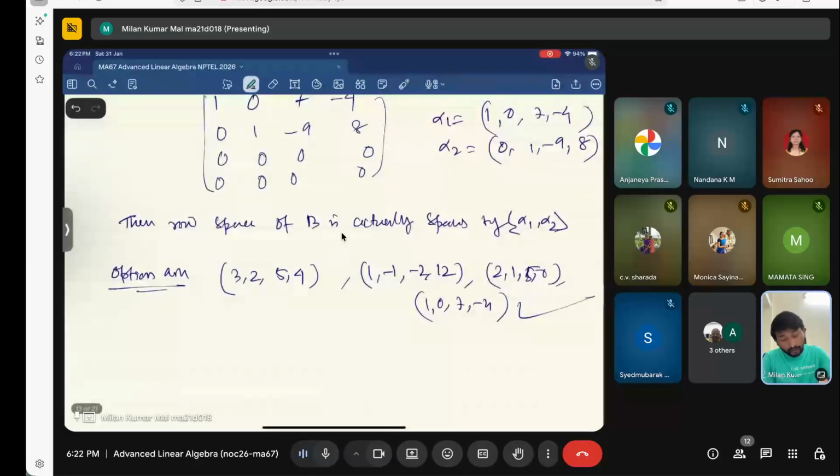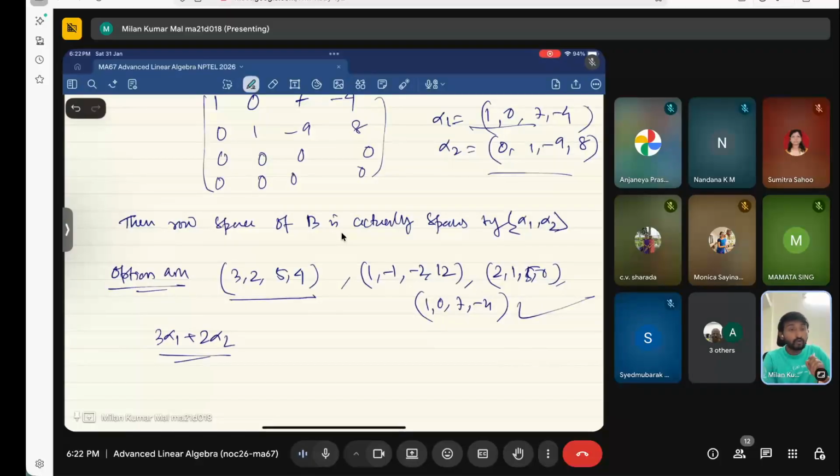Look at whatever alpha 1 and alpha 2 are there. If I want to get 3, 2, 5, 4, what do I have to do? I have to take 3 times alpha 1 plus 2 times alpha 2. Because if I want the first entry 3 and the second entry 2 from these two vectors, you multiply 3 to the first and 2 to the second.